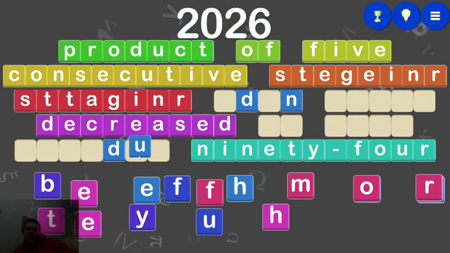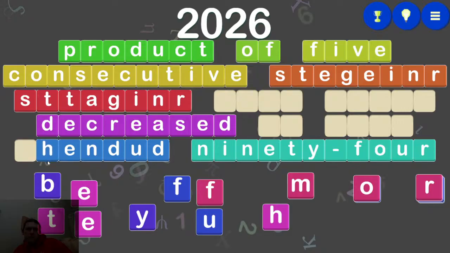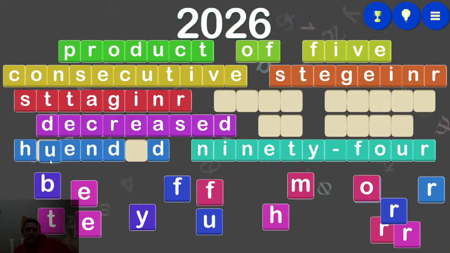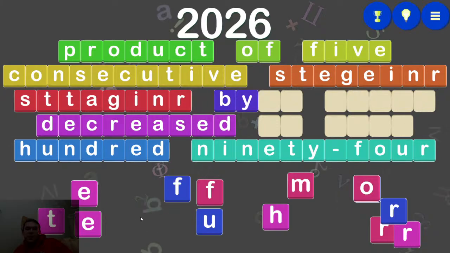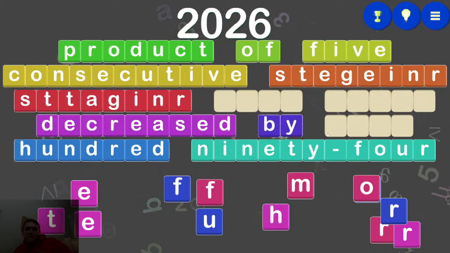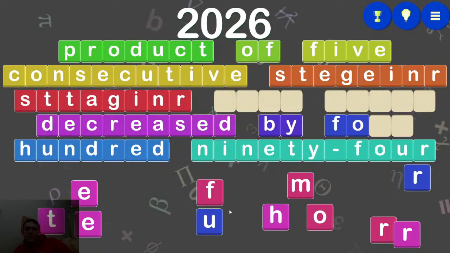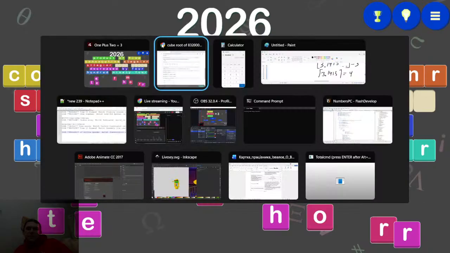We have a 6-letter word here. 100. Yeah, I think it is 100. Decreased by, and here we have 4, yeah, 494. So something decreased by 494, and we get 2026.